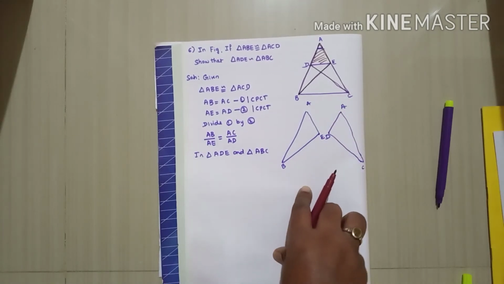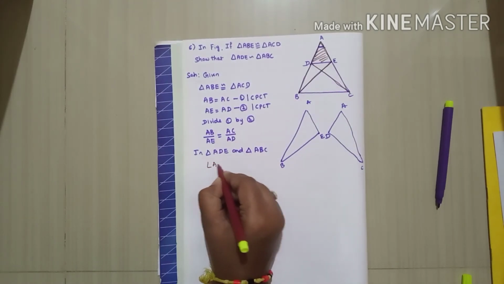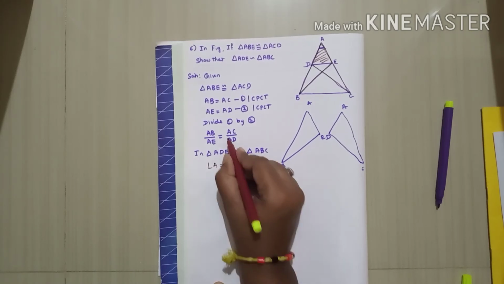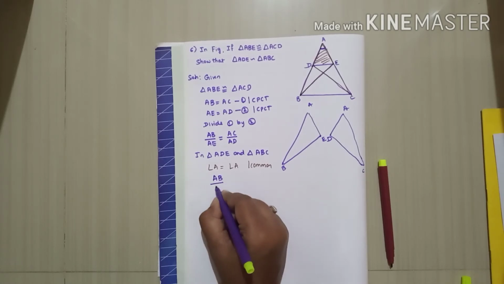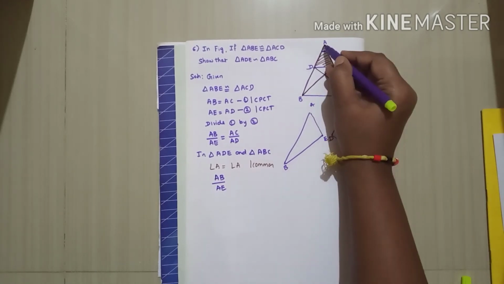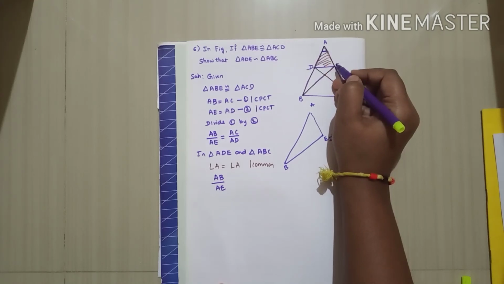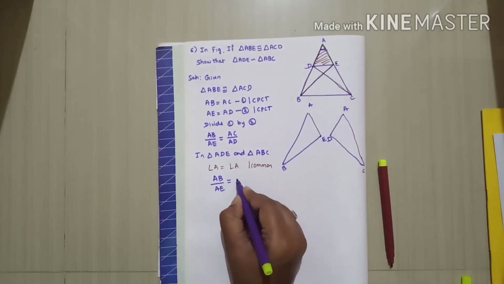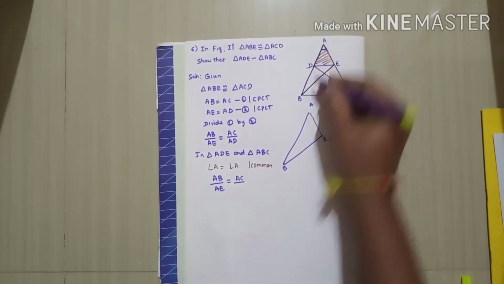If you want to prove similar means this angle A is common for both the triangles, no? So angle A is equal to angle A, we can write it. That is common. And one result we got here just now. What is that result? AB divided by AE. Just observe, AB is a side of a bigger triangle and AE is a side of the smaller triangle. AB by AE is equal to AC by AD.